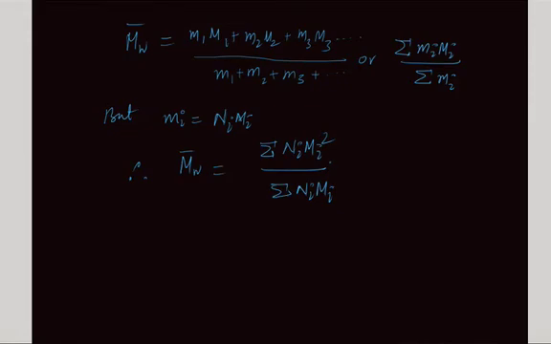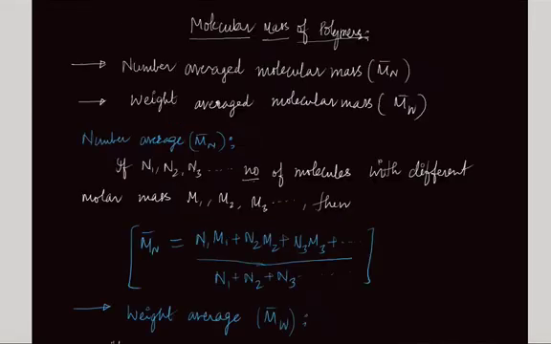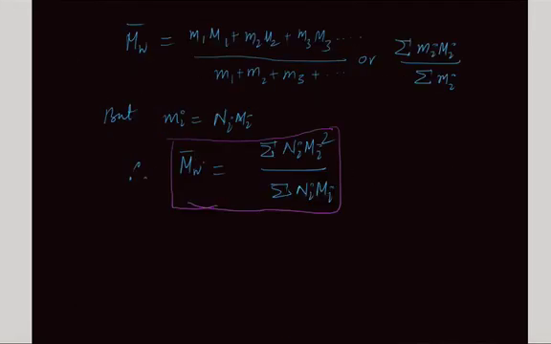Ni is the number of molecules of molar mass Mi. So this is a very important relation, students. This is how we can identify the average molar mass in terms of its weight. These two formulas are important. Just let me revise that. First one is this one, and the second one is this one.